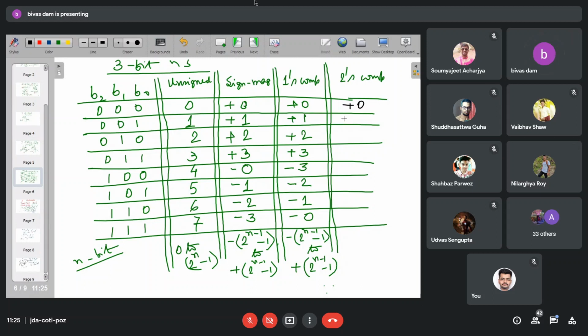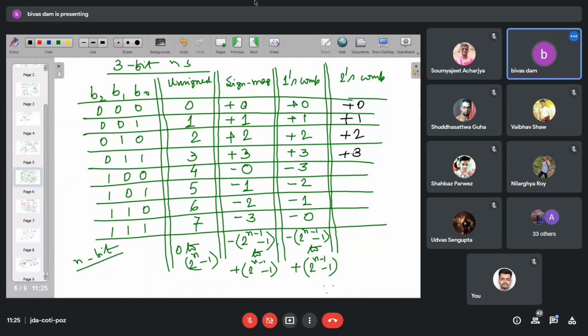Then plus 1. Remember, for positive numbers, the pattern for sign magnitude, 1's complement, 2's complement, all three are same. It is only for the negative numbers where we have to go for the transformations.